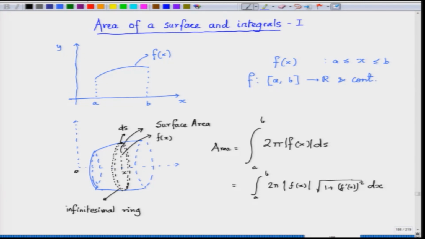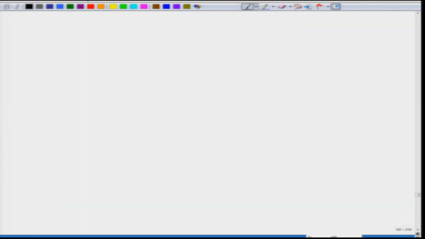Can this idea be used to calculate the area of any surface, not just a solid of revolution, but a surface which is given to us in a multi-dimensional space? Now, a surface in 2 dimension can be two things.